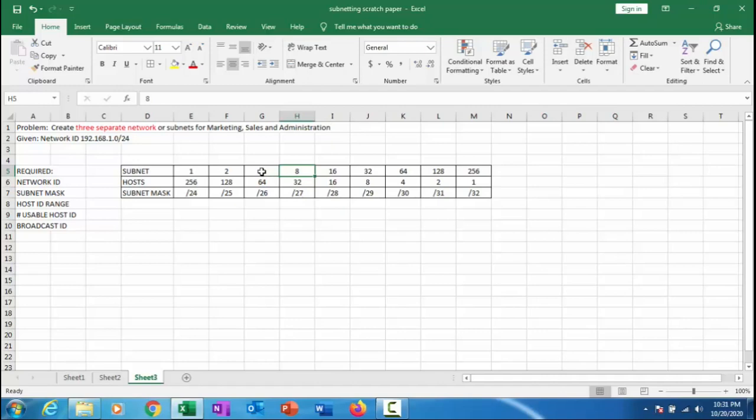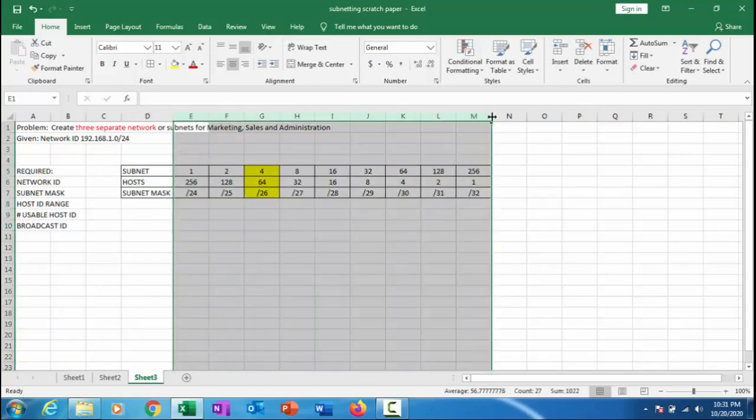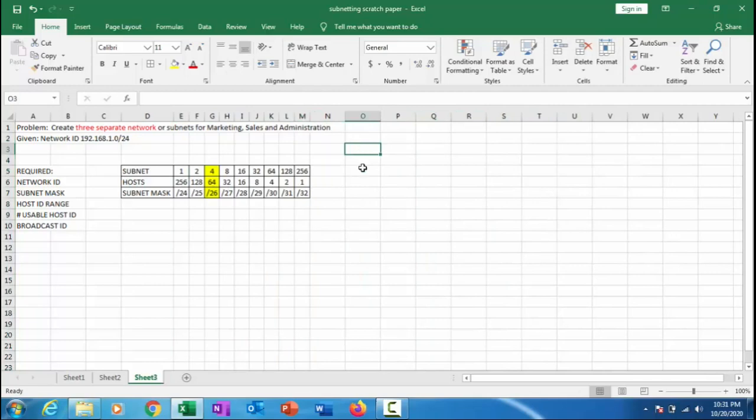So three falls under four, and we highlight this. Under four subnets you have 64 hosts per subnet, and the subnet mask is going to be /26.